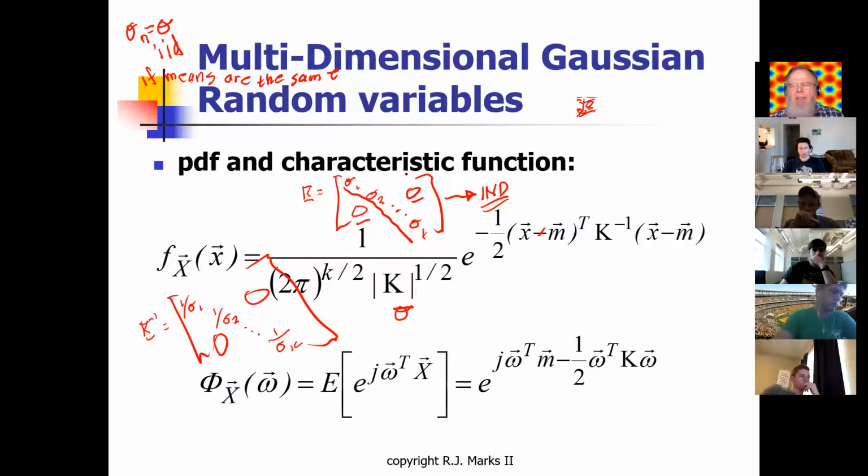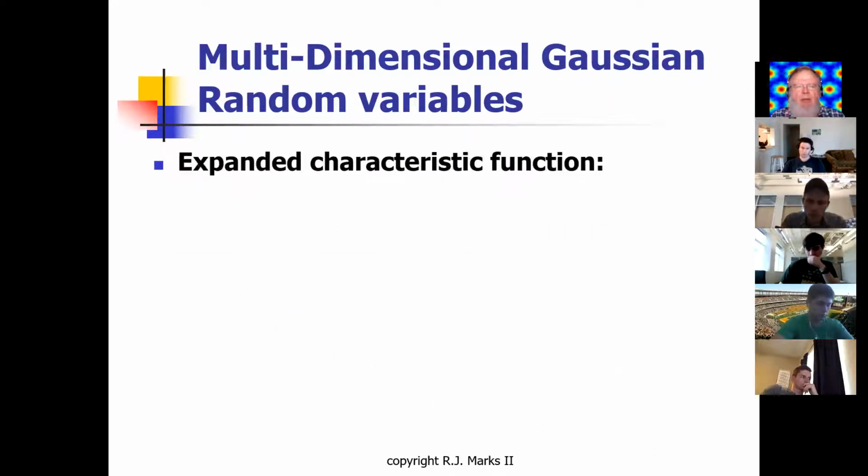So the sigma n's, if they're all equal to each other, then you're going to get IID random variables. Okay. So this is interesting and is the multidimensional extension of the Gaussian random variable in the most general sense, where there is cross correlation among all of the random variables.